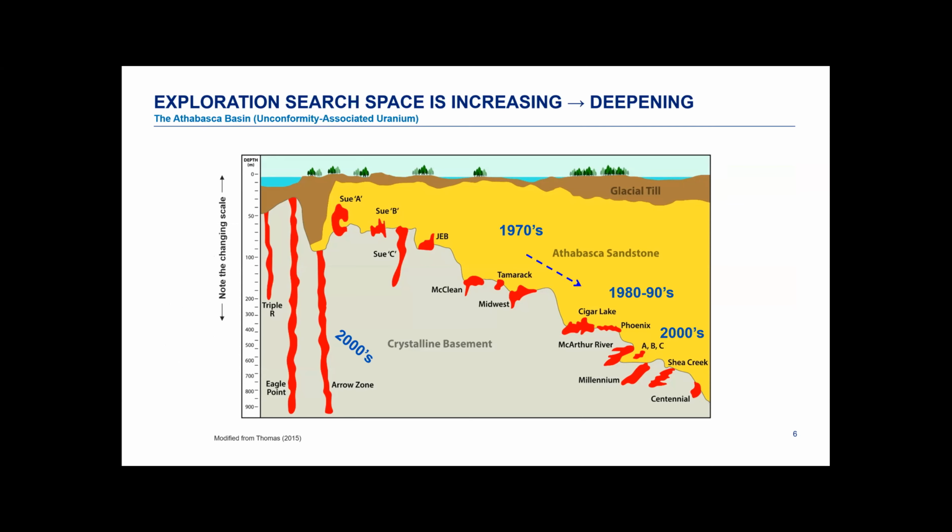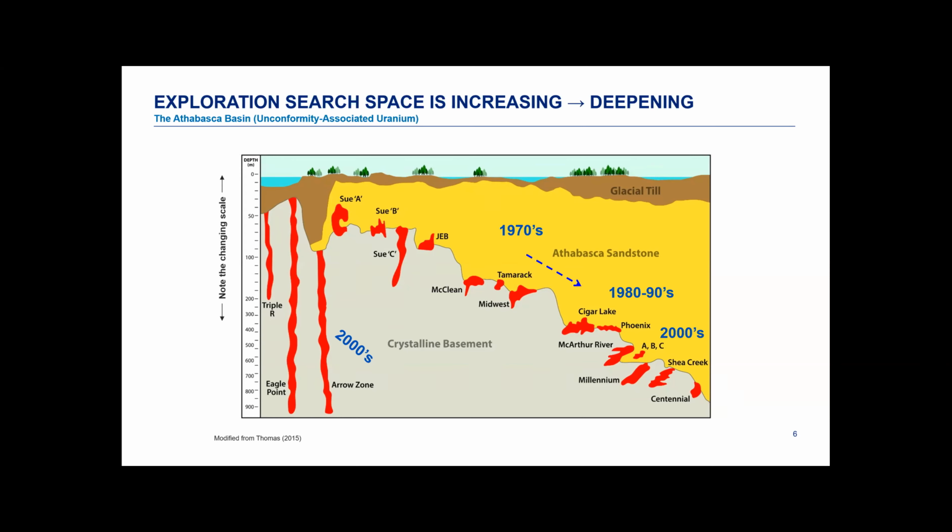But the mineral industry, at least in Saskatchewan, went through this thought process a good 20 or 30 years ahead of everyone else. So in the 1970s, the Sioux deposits or the Key Lake deposits were basically found just by hunting down boulder trains with high uranium anomalies on surface.